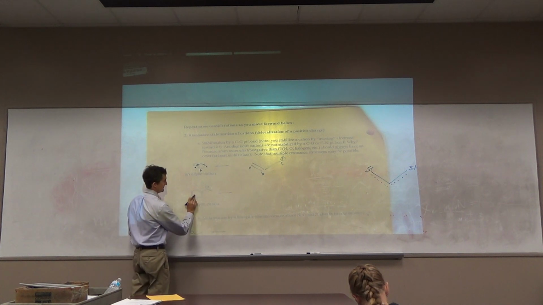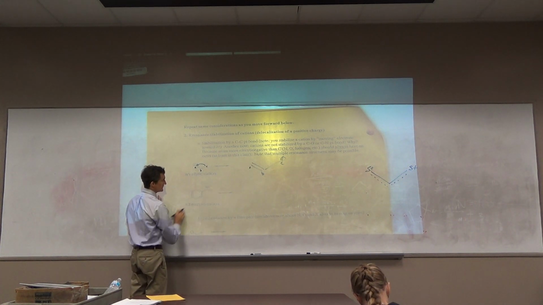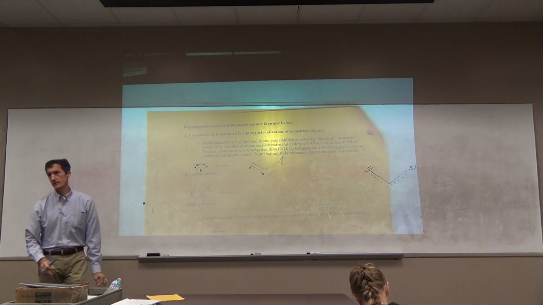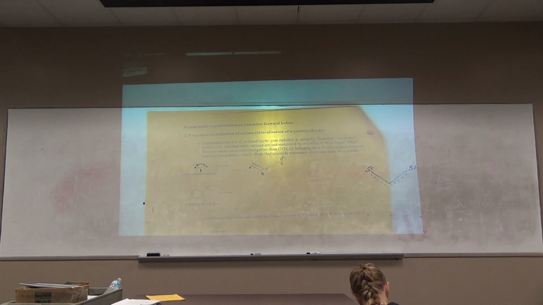Right, resonance. Okay, can you draw resonance structures here? You can draw multiple resonance structures. Draw the first one. How do you stabilize a cation? Move electrons towards it or away? Towards it.